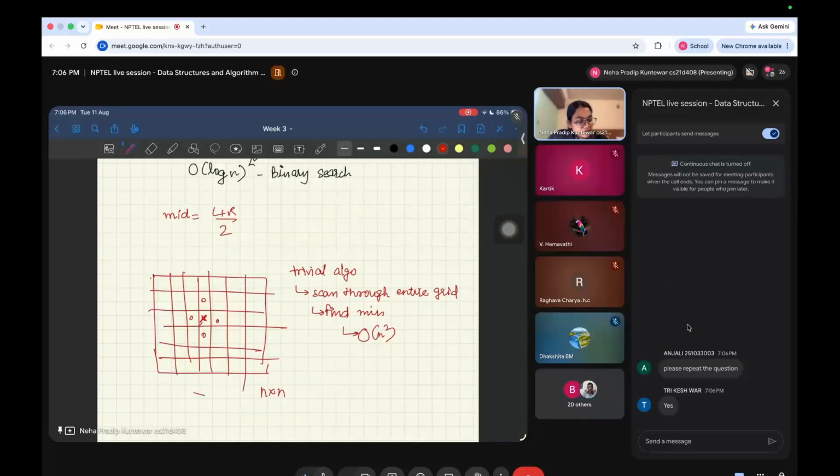The question is, you have this n by n grid, and you want to find a local minimum, which is an element whose adjacent four cells have a larger value than its value. So the trivial algorithm would be, you go through the entire matrix, scan it, find the minimum. That is your order n square algorithm. But can I do better?